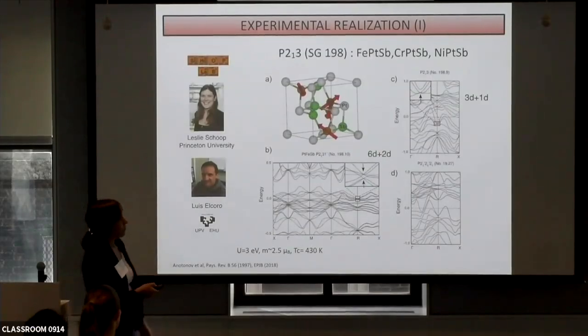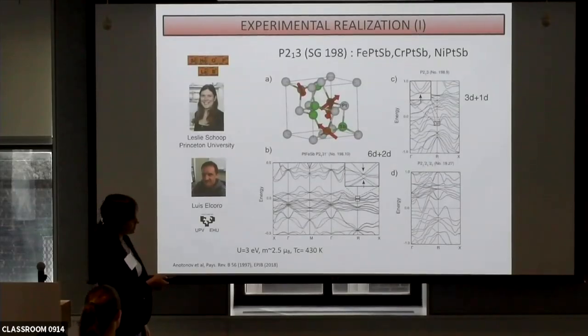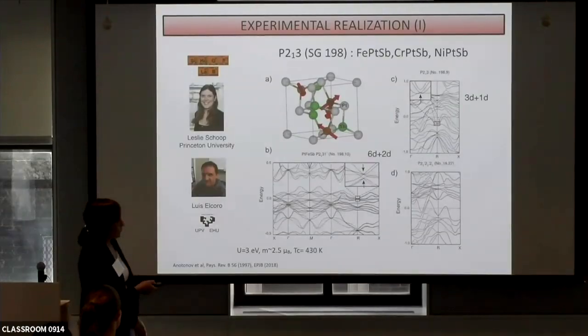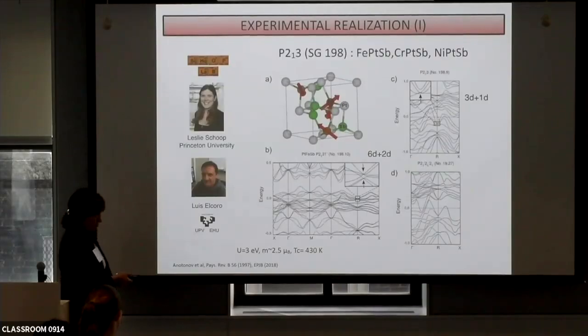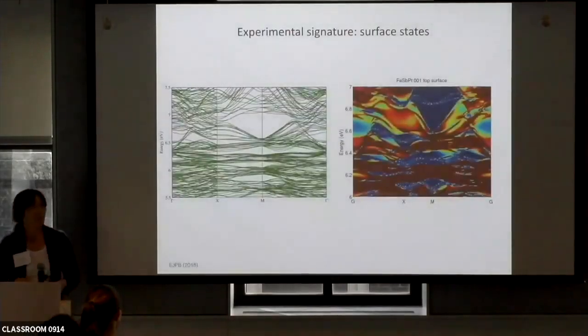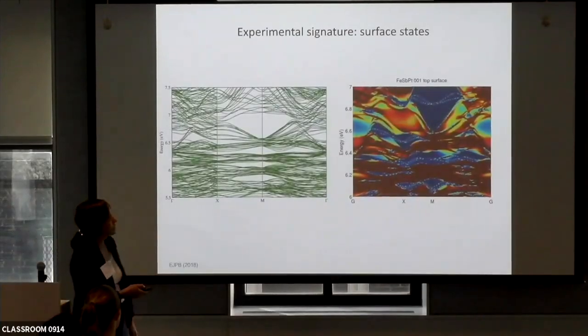We also calculated the band structure of another phase, in another chiral space group, where the iron splits in 2-dimensional E-reps along their point, and the calculation reproduced the magnetic moment and the Curie temperature that was reported, and this was really cool. We even calculated the experimental signatures of the surface, and we found this topological surface state.